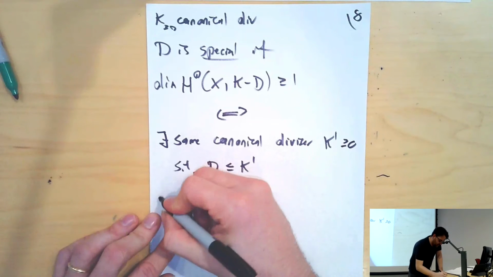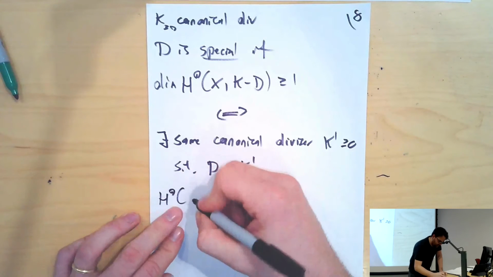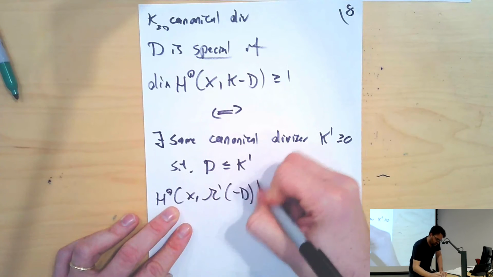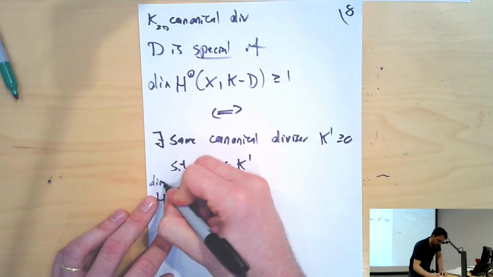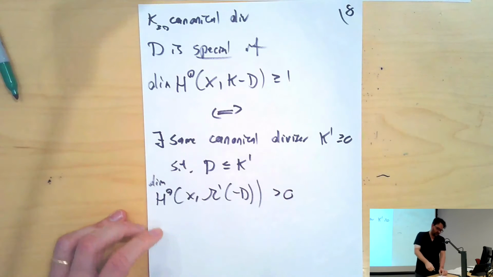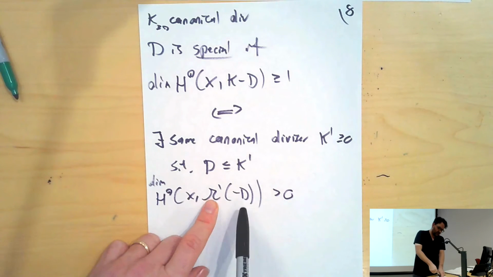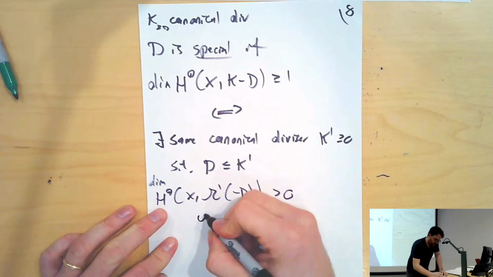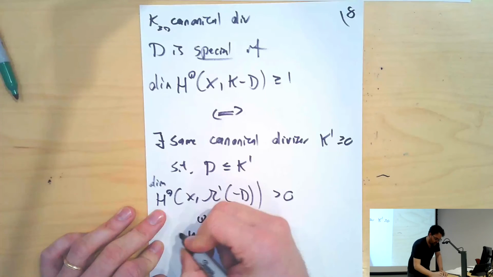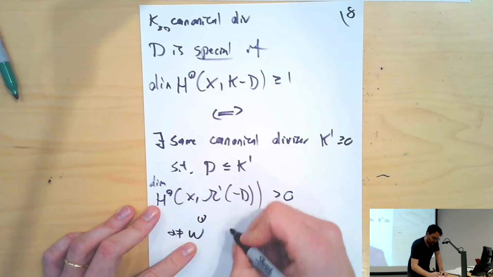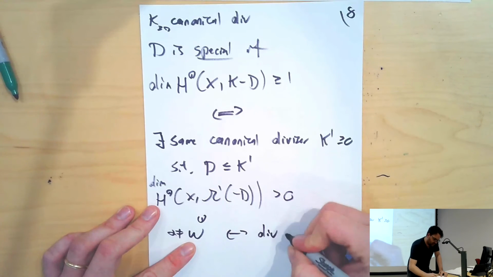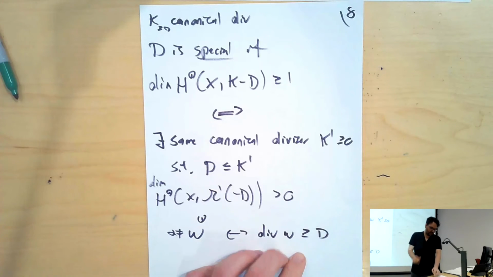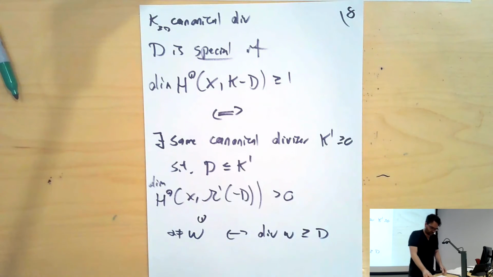Or equivalently, if you prefer line bundles, the proofs are cleaner that way, this is just equivalent to saying that the dimension of this is positive. So these are just differentials, but where you impose vanishing conditions at D. So here, a non-zero omega is an element if and only if div of omega contains D as a subdivisor. So it's just a rephrasing.